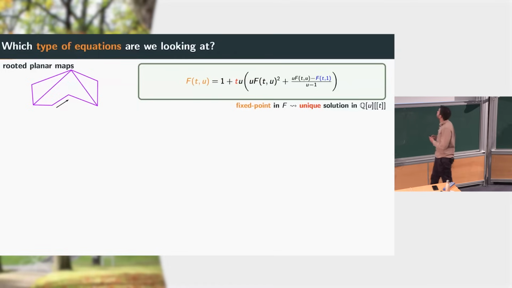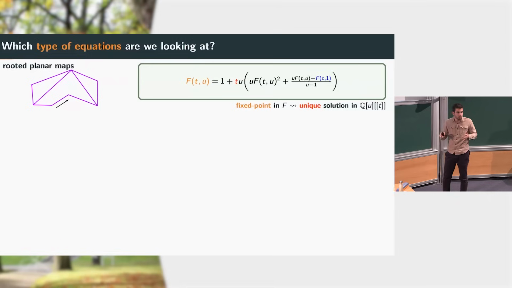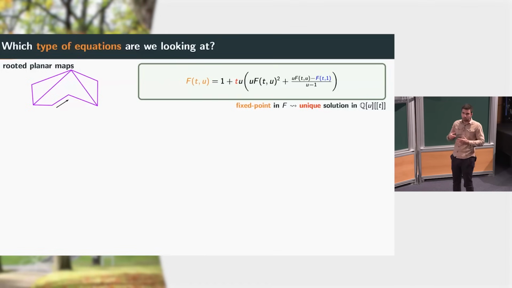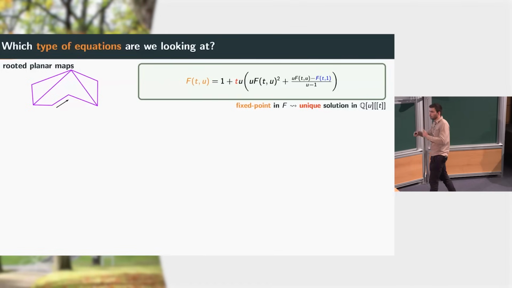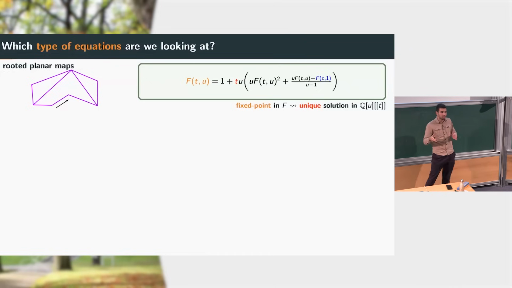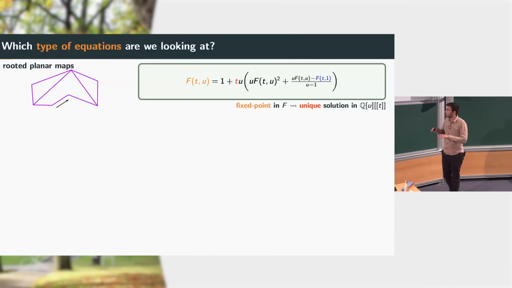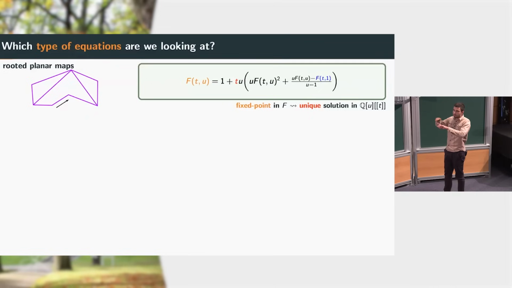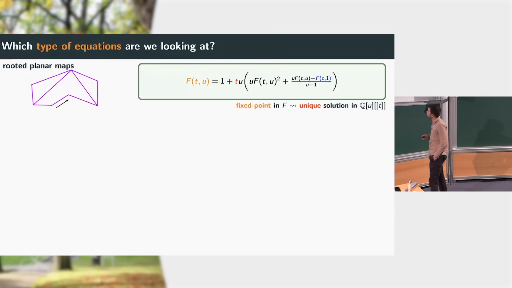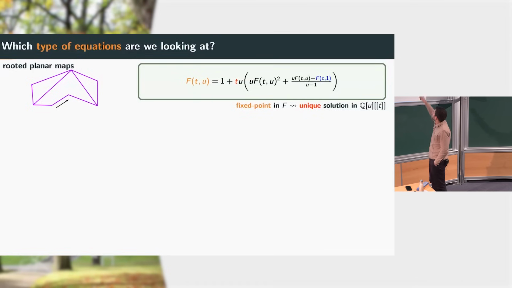And in fact, this quotient has a nice property, which is that it maps a formal power series in the variable t, and with polynomial coefficients in the variable u, onto another formal power series in t and with polynomial coefficients in u. And a way of seeing it is that, in fact, it just shifts the coefficient of a given formal power series f. And so in the end, you can see that there is a unique solution, which is a formal series, to this equation.